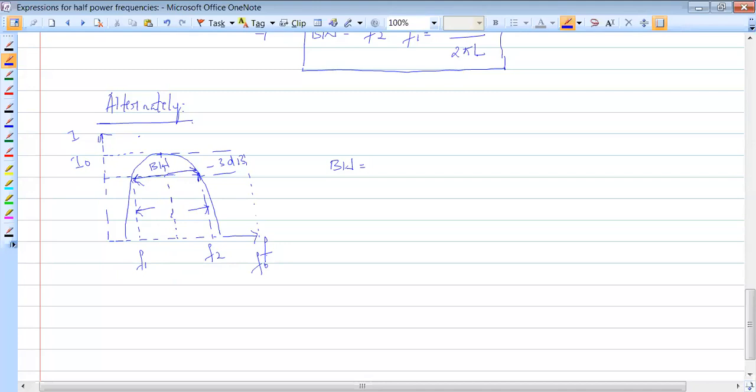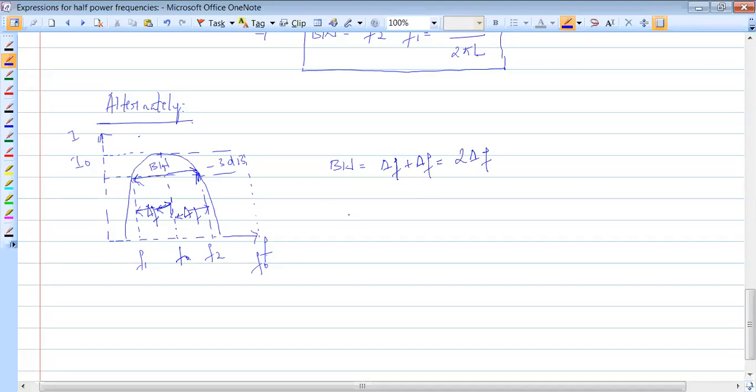This is bandwidth. Let this be delta f, and this must again be delta f. This is f naught. So what is bandwidth? Bandwidth is delta f plus delta f, so it is 2 delta f.